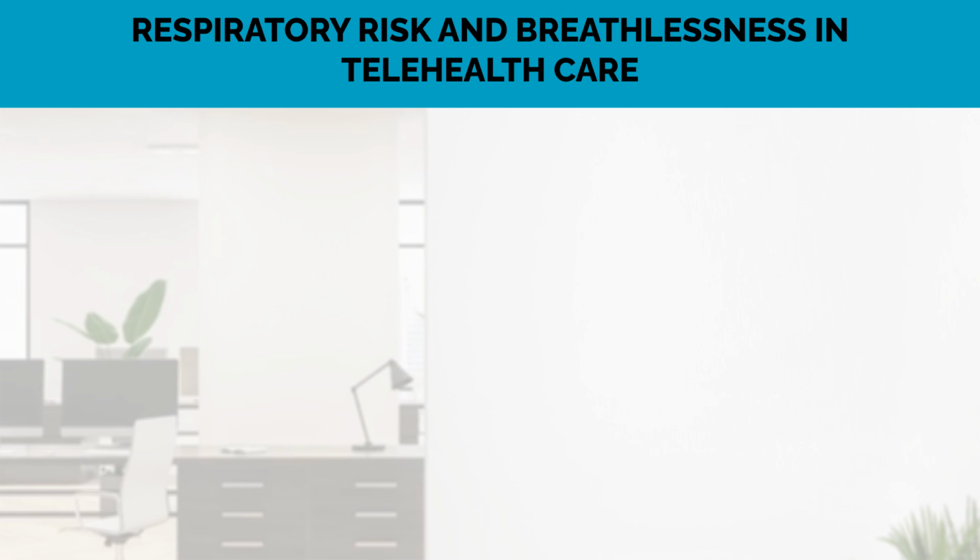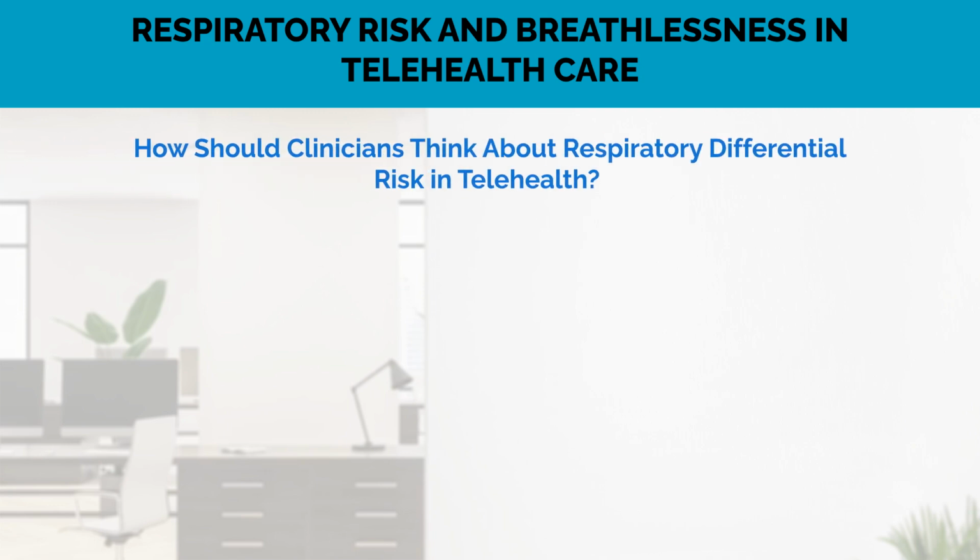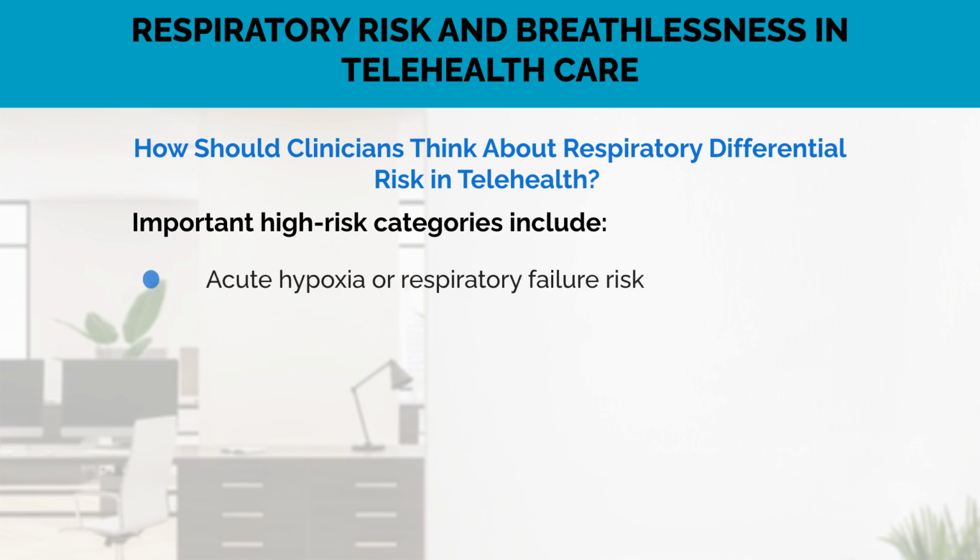Moving on to the next: how should clinicians think about respiratory differential risk in telehealth? Telehealth respiratory reasoning is safer when the clinician thinks in risk categories, not only in exact diagnoses. Important high-risk categories include: 1. Acute hypoxia or respiratory failure risk. 2.